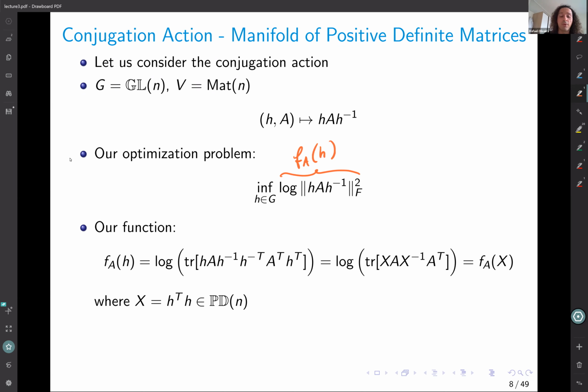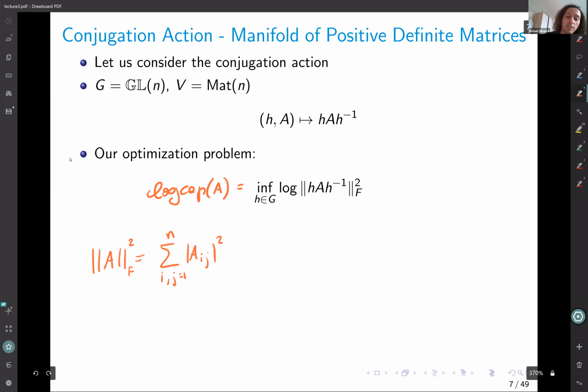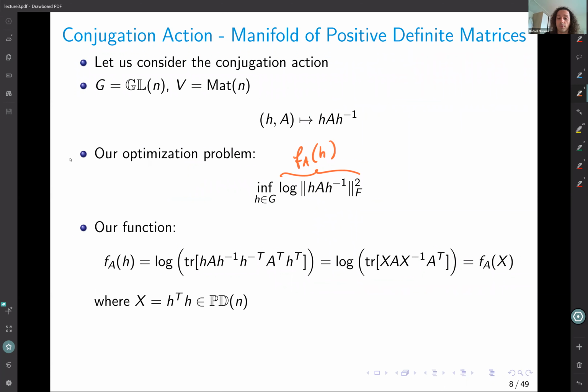This function is the logarithm of the Frobenius norm squared, which is exactly the trace of A transpose A. So if we write this function in terms of the trace, f_A of H is the log of the trace of H A H inverse times its transpose.